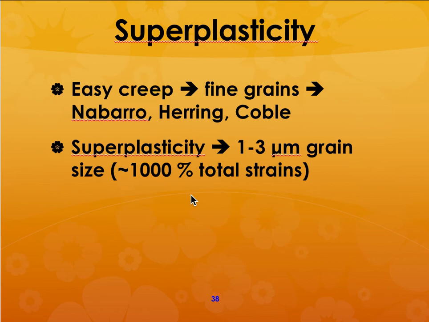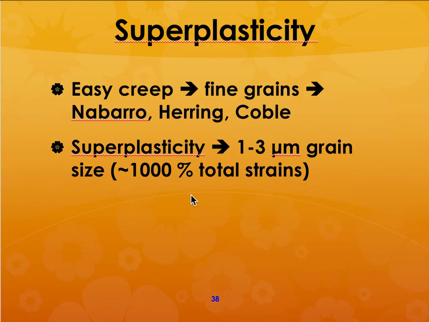Again, you have processes of superplasticity, which is active in certain types of alloys only, say, for example, aluminum or titanium and things like that. So what are you taking advantage of in this kind of a process? Where do you need superplasticity?